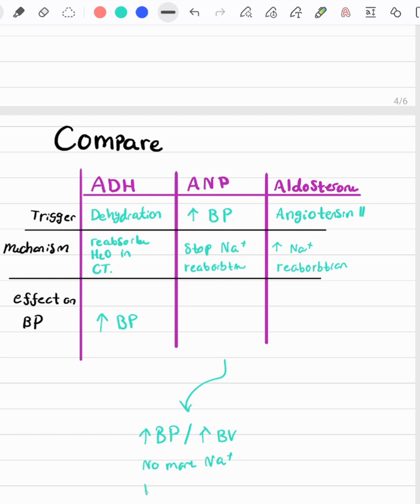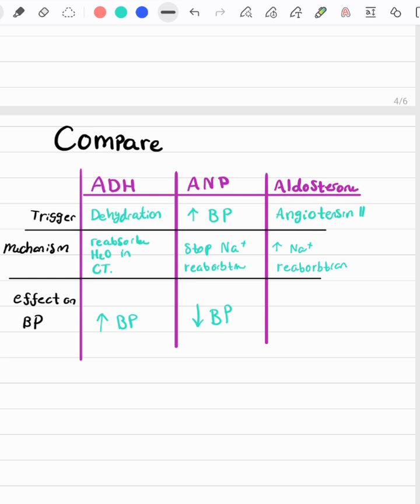So you're going to decrease the blood volume or decrease blood pressure. So the overall effect this has is we're going to decrease blood pressure.